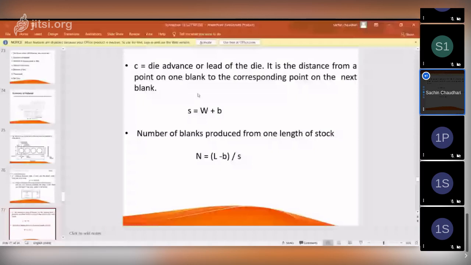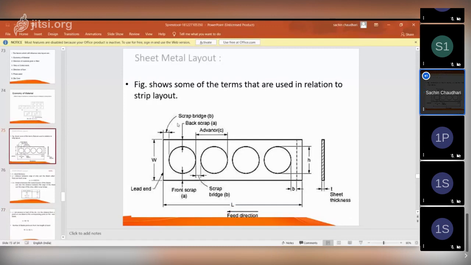It is calculated as W plus B. W is the width of your strip, and B is the scrap bridge. So in this way you can calculate this feed.